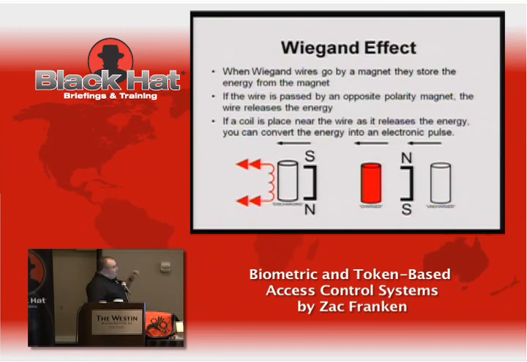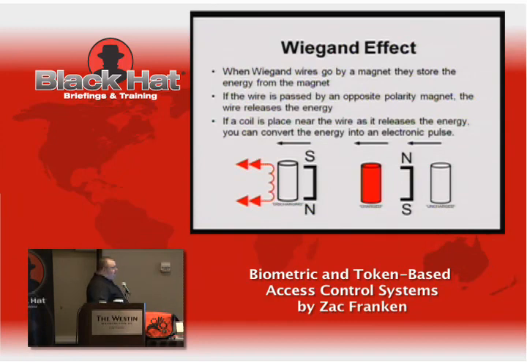And the Wigand effect itself is actually quite cool. So you take your little bit of Wigand wire and you wave it past a magnet that's polarized in one direction, and it stores a little magnetic charge in the wire. And when you wave it past a magnet that's polarized in the opposite direction, it gives up that charge as a little pulse.